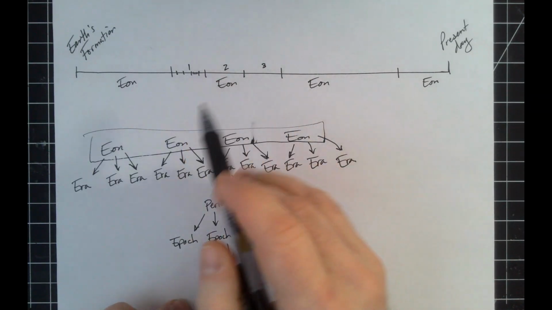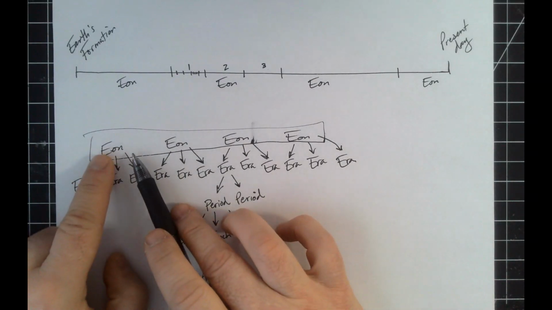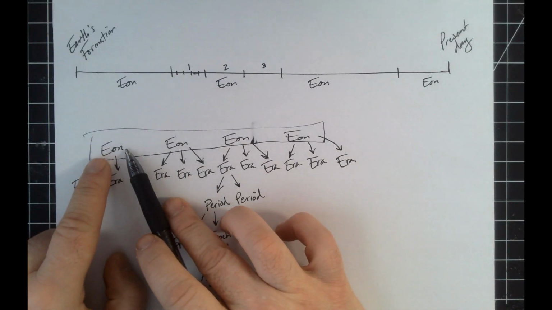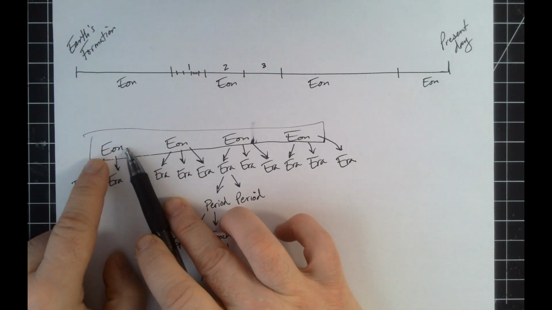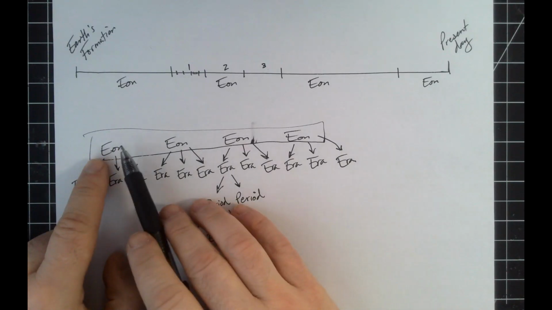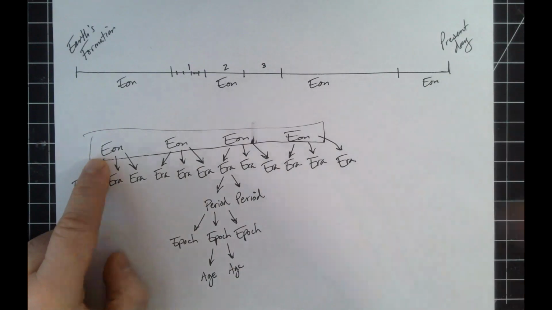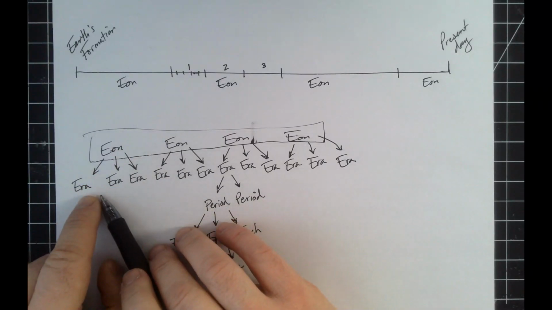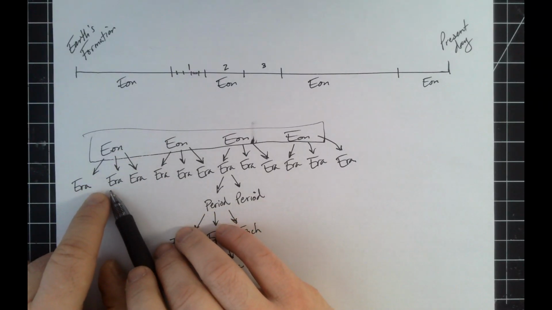So the way this runs down is we start with our eons as our largest units of time. Generally they last in the billions of years, except for the most recent one, which is still running at only about 500 million years. Our eras are a little bit shorter, running on average in the hundreds of millions of years.